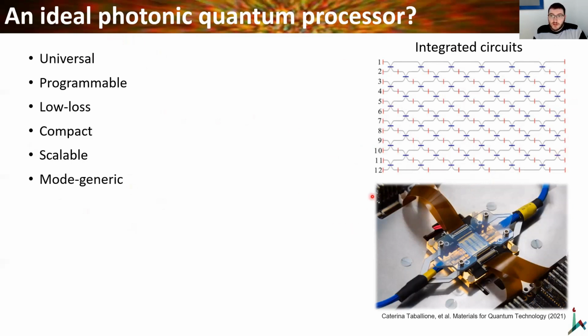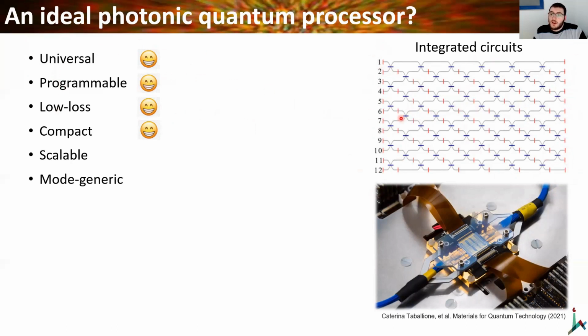A photonic integrated circuit is a large mesh of beam splitters, in blue here, and phase shifters, in red, that connects a set of n input waveguide modes, in this case 12, to a set of output waveguide modes. Using these beam splitters and phase shifters, we can program any unitary transformation between the input and output modes.